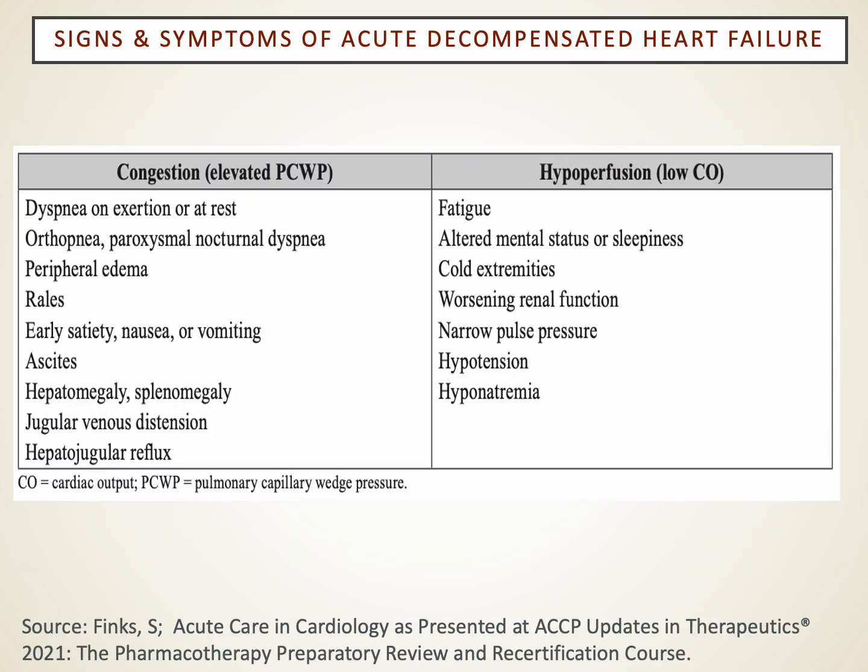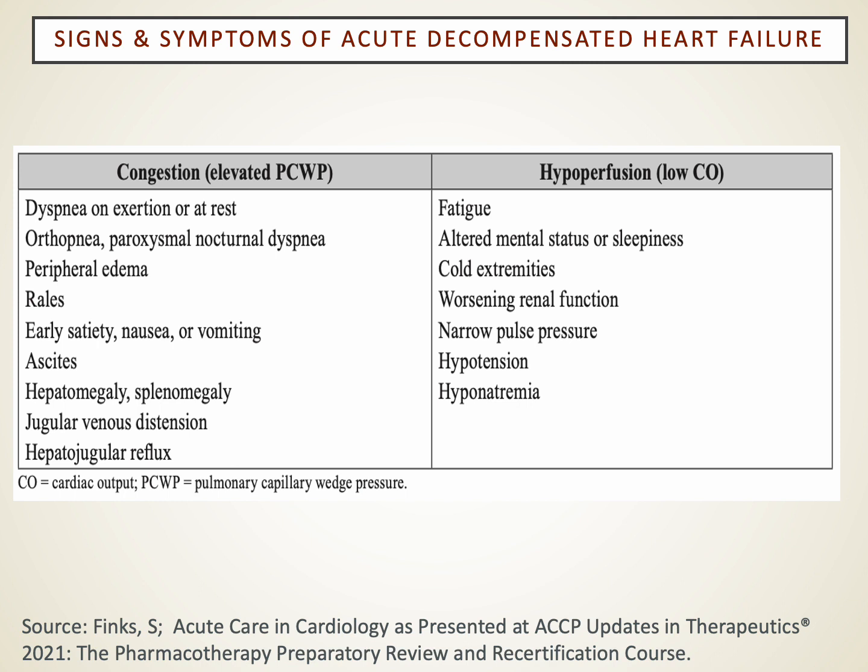In acute decompensated heart failure, whether or not you have a Swan-Ganz where you can measure pulmonary capillary wedge pressure or cardiac output, cardiac index, you can still look at the patient and tell they have elevated wedge pressures. Well, they're congested. They have elevated fluid overload.